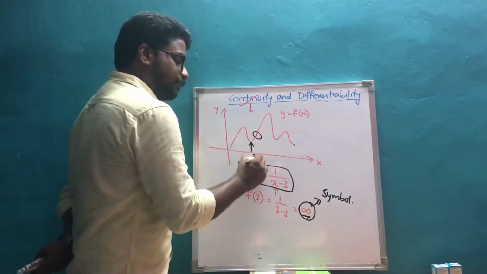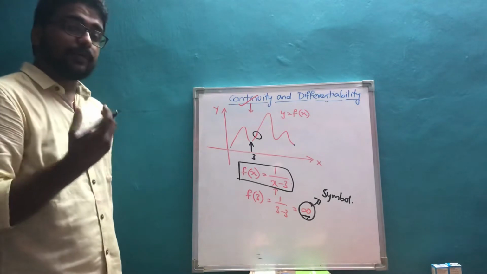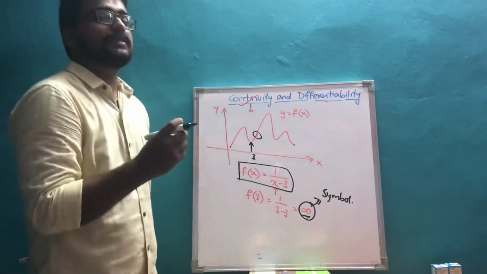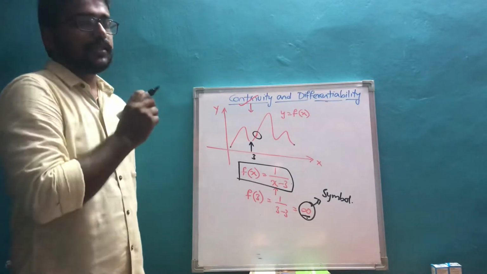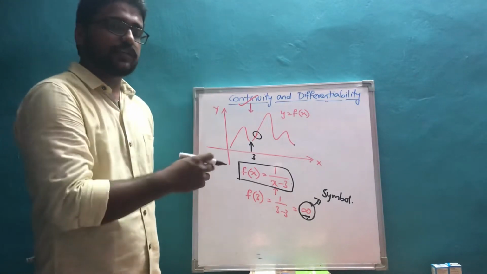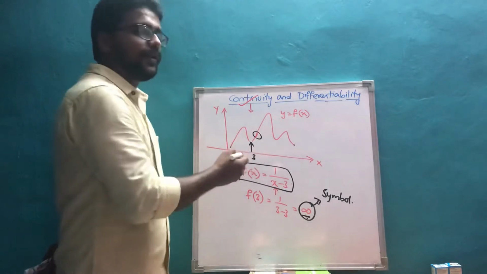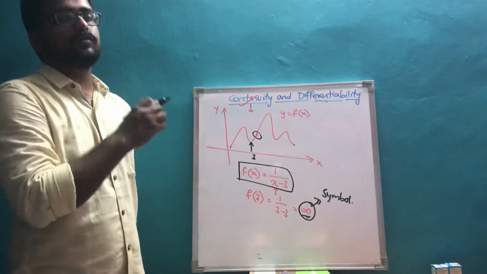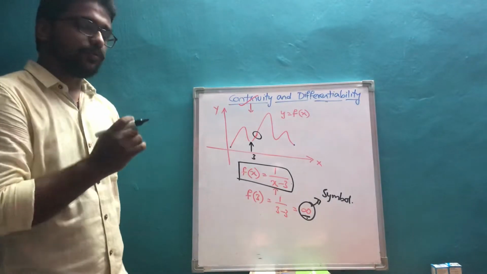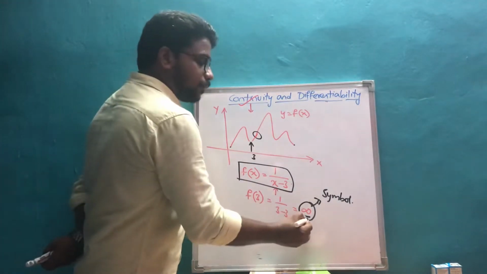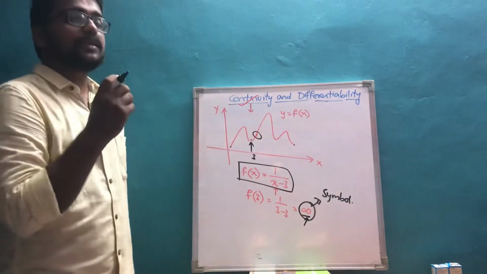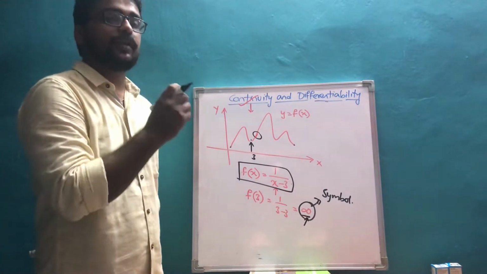Because of this gap, I cannot examine the behavior of the function, that is, whether it is increasing or decreasing, or whether there is any turning point here. So I cannot give a constant report on the behavior of the function. We have to come across this type of gaps in the curves to understand the function behavior very well.